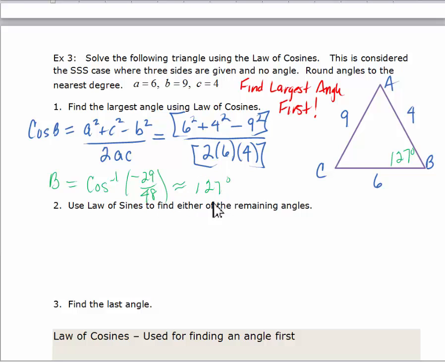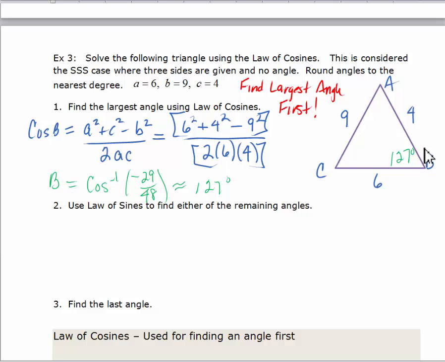In either case, you get 127 degrees. It really just becomes a choice for you how you use the calculator, what you're more comfortable with. But just remember, never round until the end of a problem. So you wouldn't want to round this fraction and then take the inverse cosine of a rounded value.